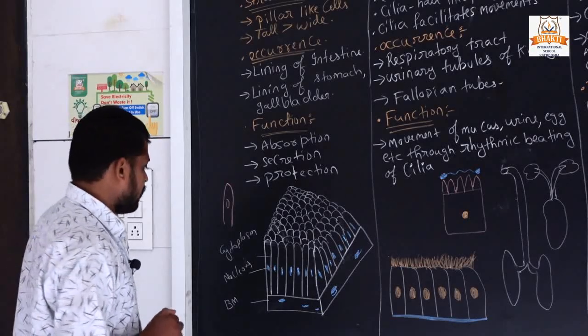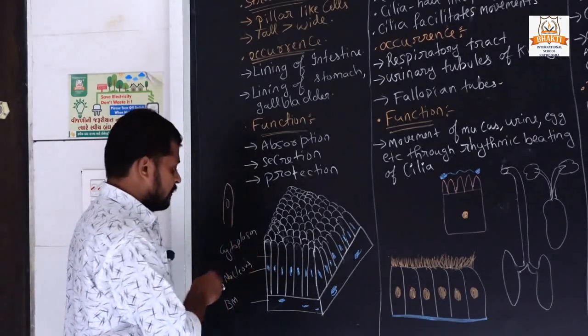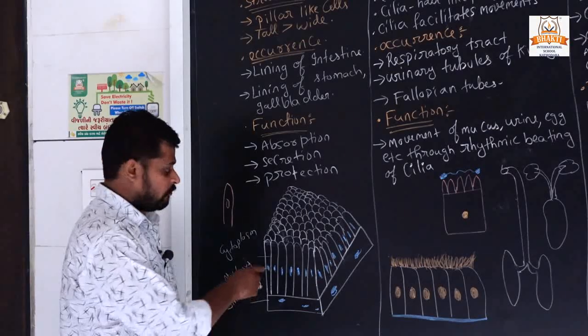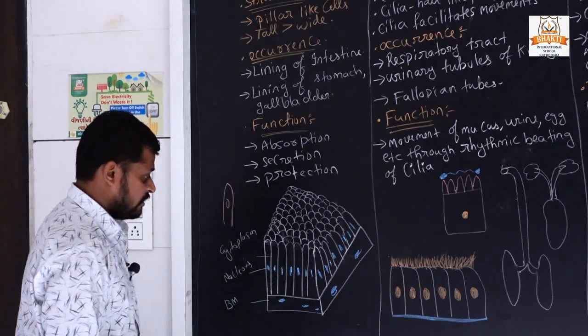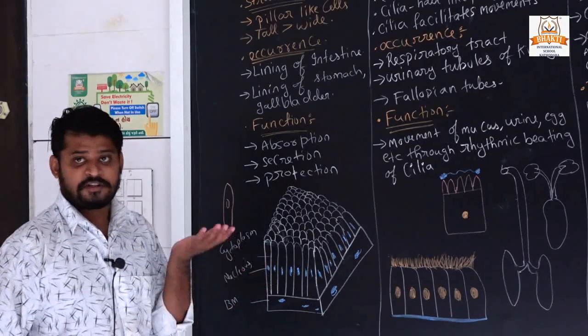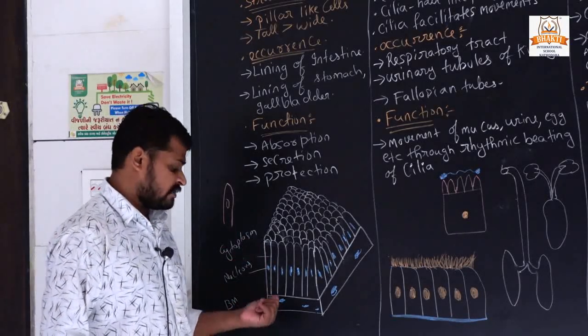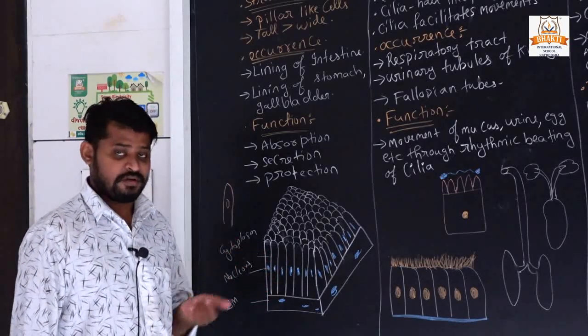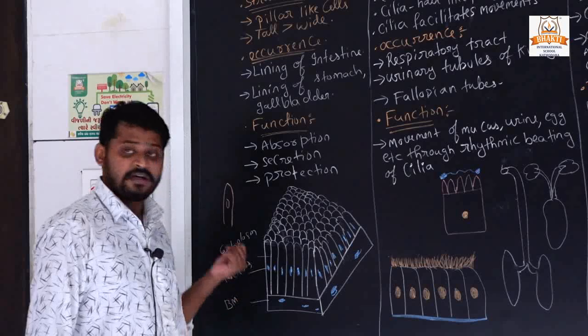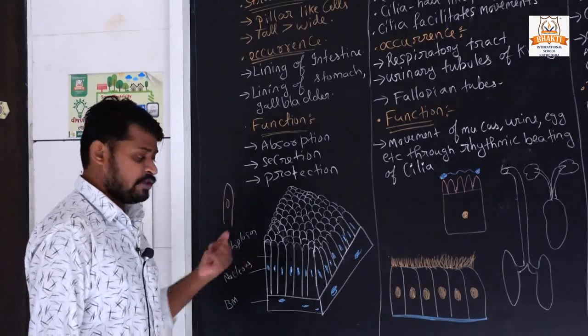In columnar epithelial tissue, cytoplasm is present, the nucleus is also present, and we all know all epithelial tissues have a base membrane to give support and to provide nutrients and blood supply to the tissues.